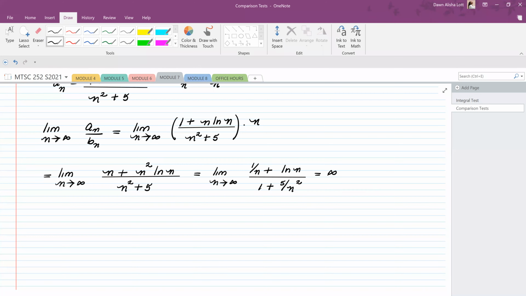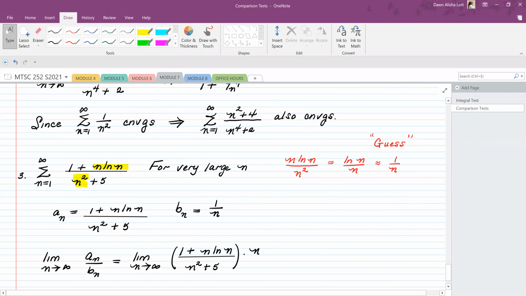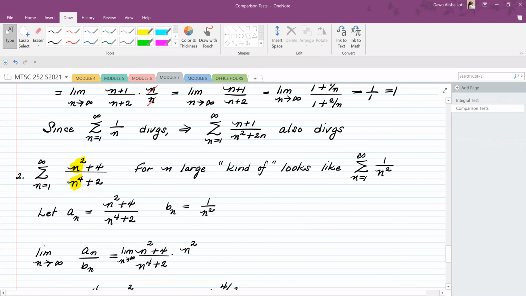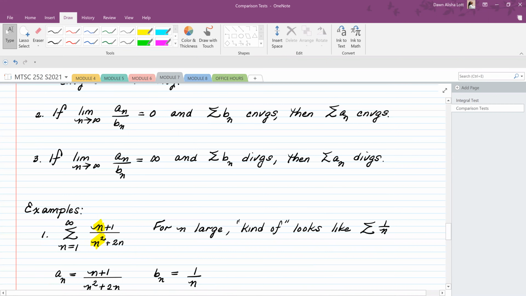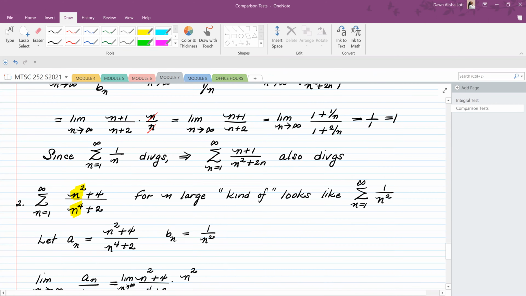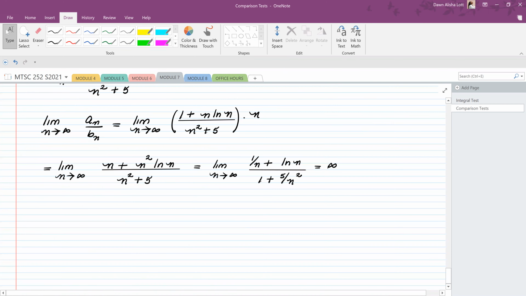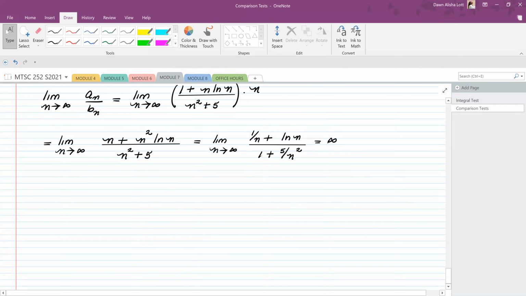Okay, so this is the case back here. If this is case 3, if the limit as n approaches infinity of a_n over b_n is equal to infinity and the summation of b_n diverges, then the summation of a_n diverges. So that equals infinity, and the summation n equals 1 to infinity of 1 over n diverges.